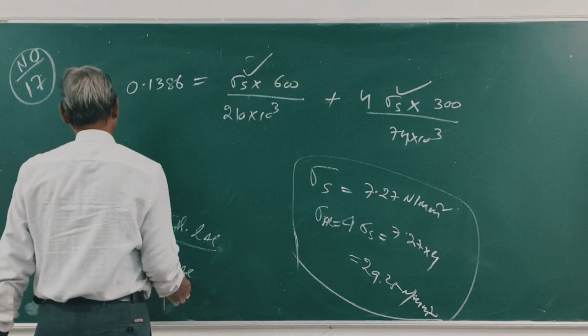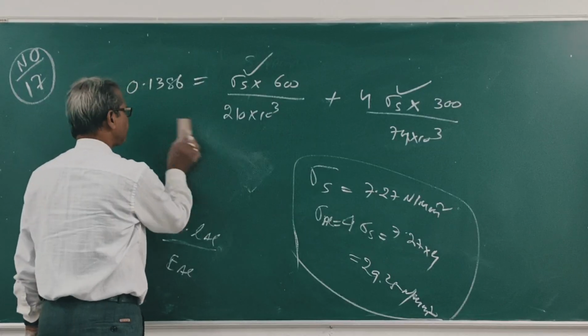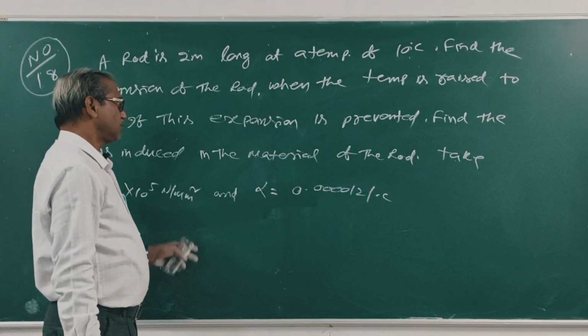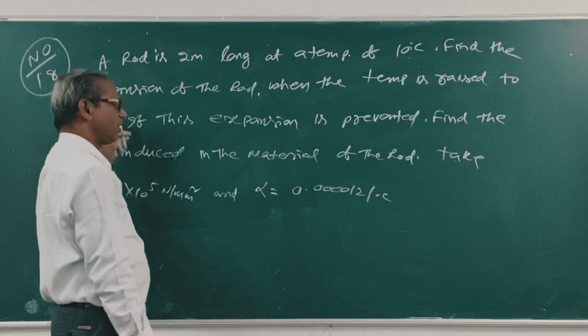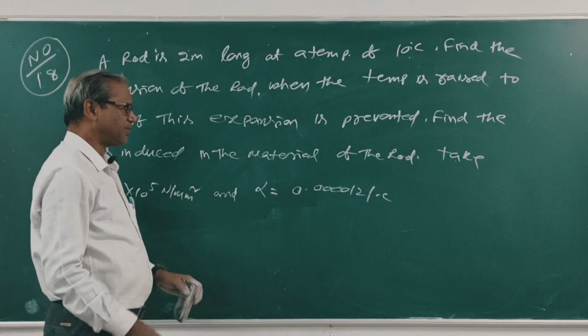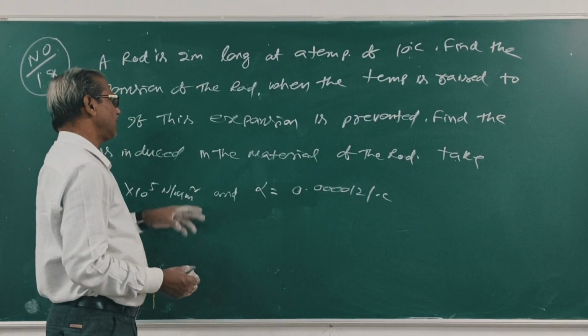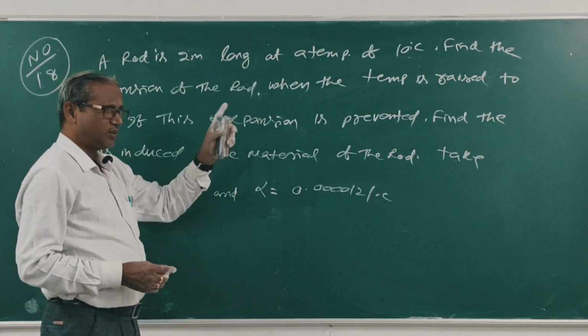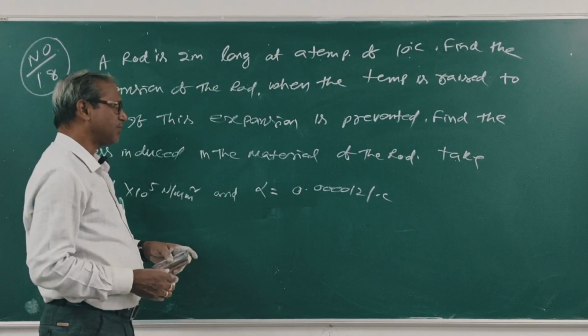18. Right? This is question number 18. Clear? The question is a rod is 2 meter long at a temperature of 10 degrees centigrade T1.